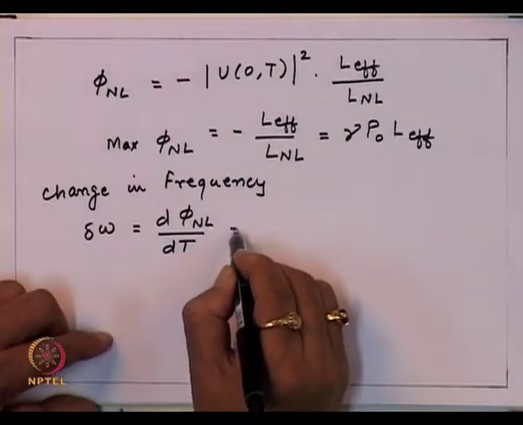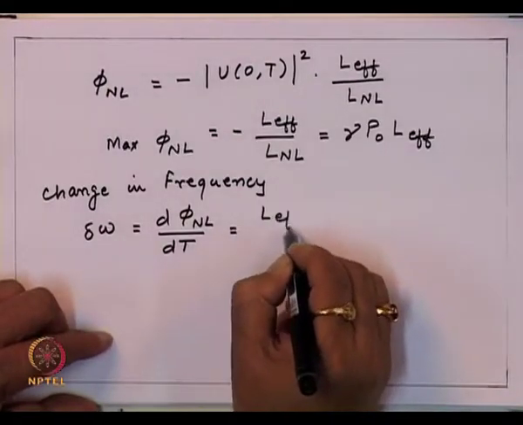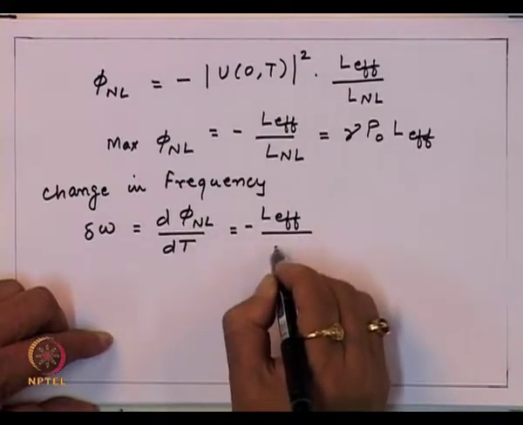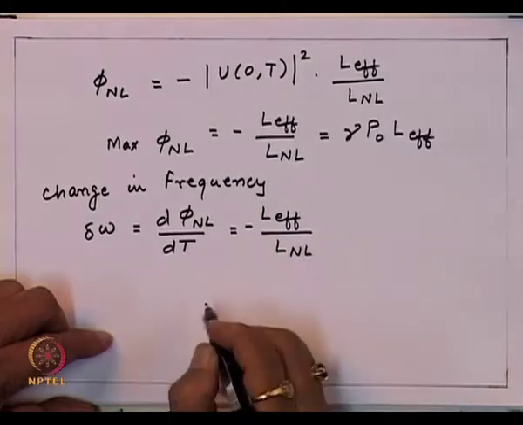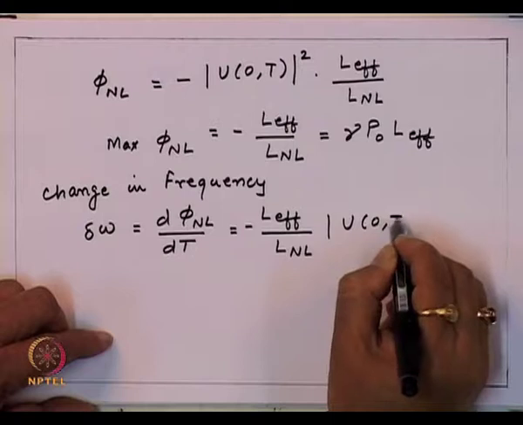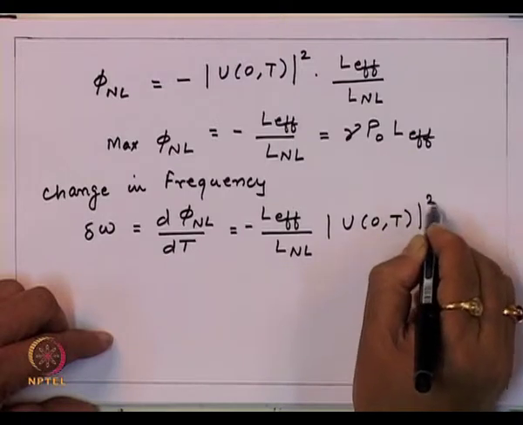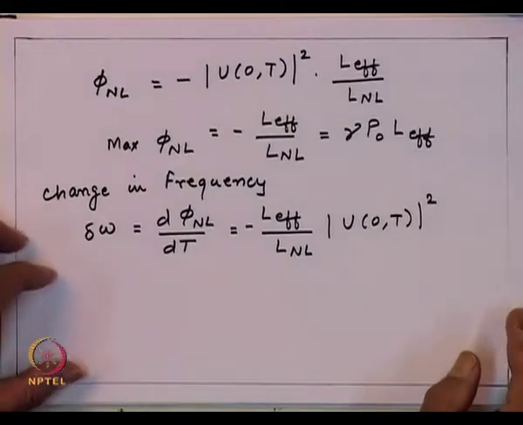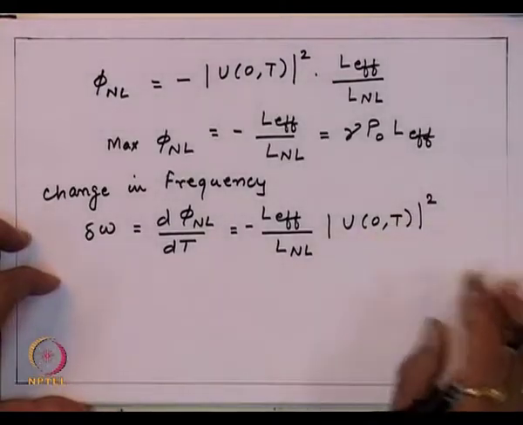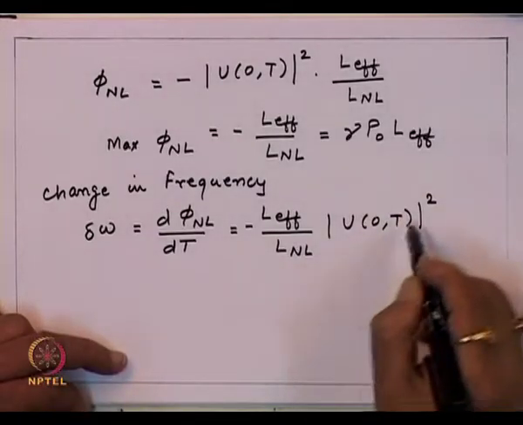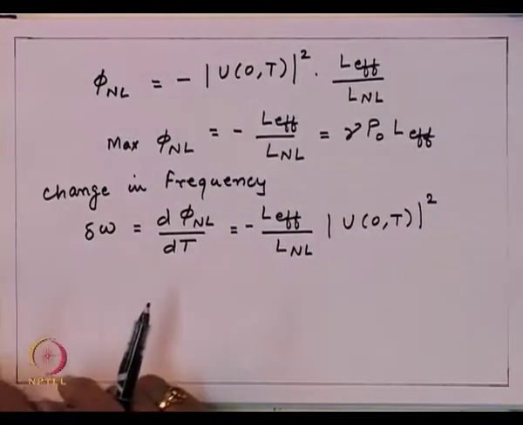So, that is equal to L effective, minus, divided by L NL, mod of u 0 t square. We can again consider the Gaussian pulse shape, so this function will be the square of that Gaussian function.